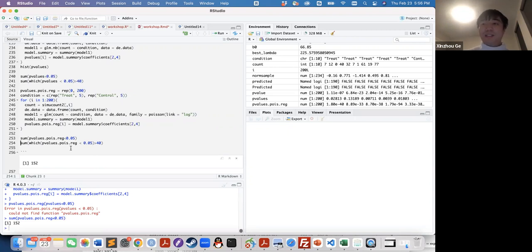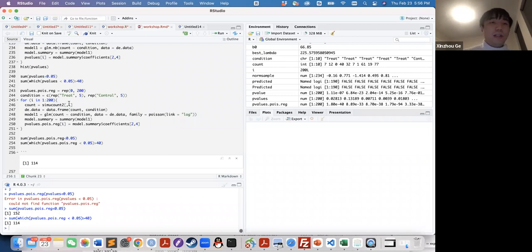We only have 200 genes, and almost all the genes are identified from the Poisson regression model. And 114 of them are false discoveries, which means that the majority of the discoveries are false discoveries if we use the Poisson regression. So what conclusion can we make?